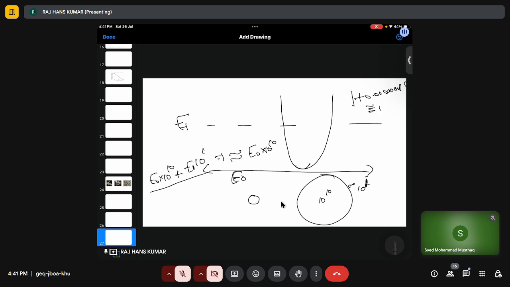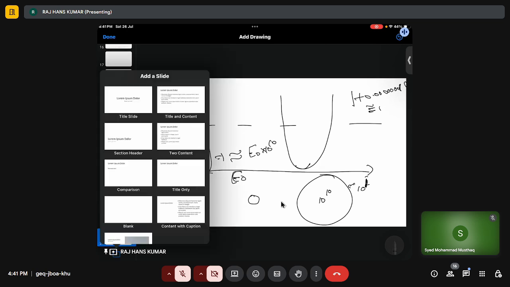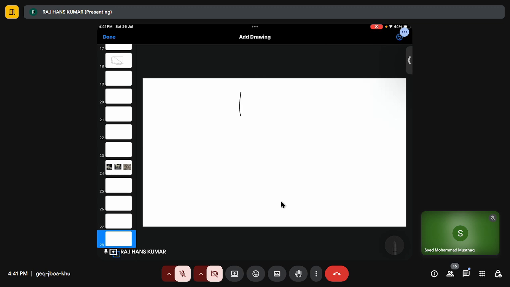The same goes here. Because this value is so large, this value is being diminished. And because it is diminished, what about the energy levels? How do these energy levels look? What is the total energy of the system?